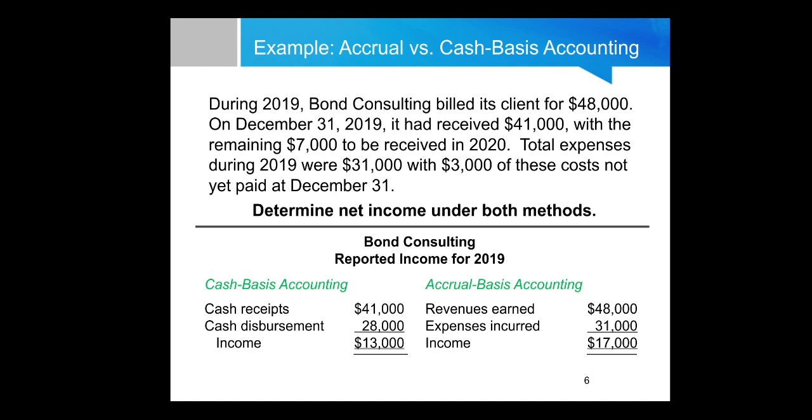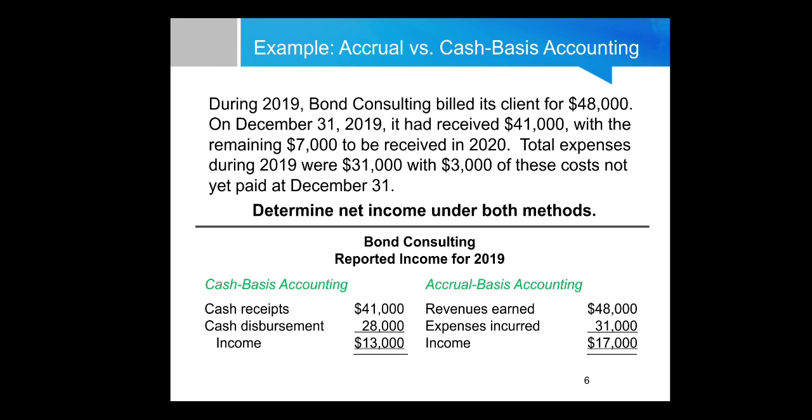For a service business, after the business provides services to a customer, the business will send a bill to the customer, so the customer knows they have to pay. So Bond Consulting has provided services to clients and sent bills to clients, and the value of the bills is 48,000.